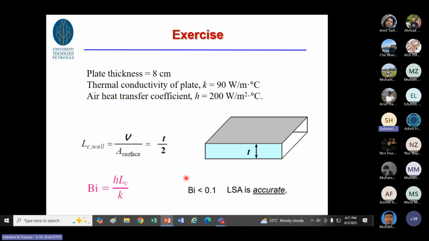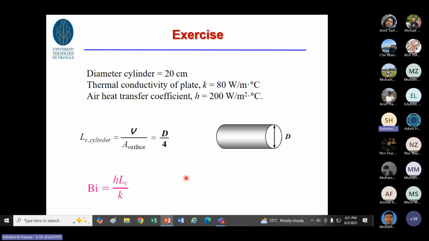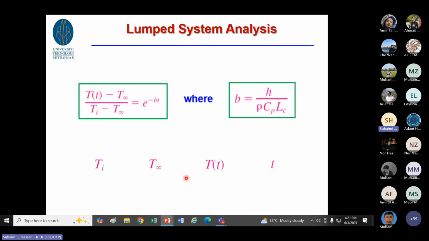Lump system analysis is only valid when the Biot number is less than 0.1. That one is accurate. If more than 0.1, it can still be used, but only approximate. But if far larger than 0.1, it is no longer valid for LSA. You have to use the one-term approximation.